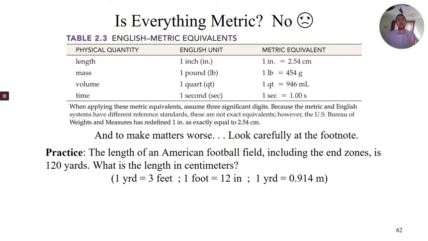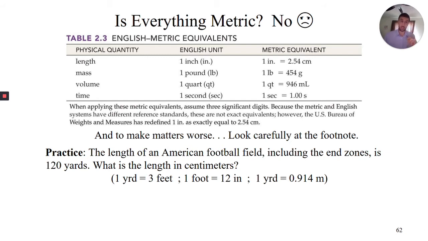Right? Next issue that comes out, clearly not everything is metric. That's why we talked about English versus metric as in that meme in the last slide. So we've got English to metric conversions. These things become a bit challenging, which really stands out when we look carefully at the footnote.